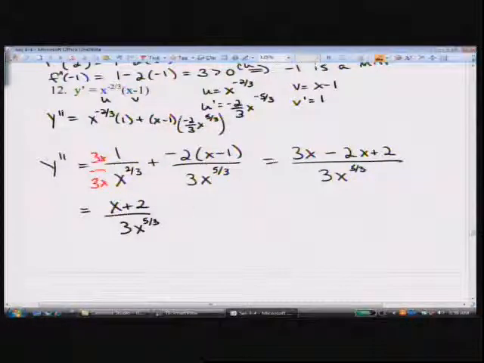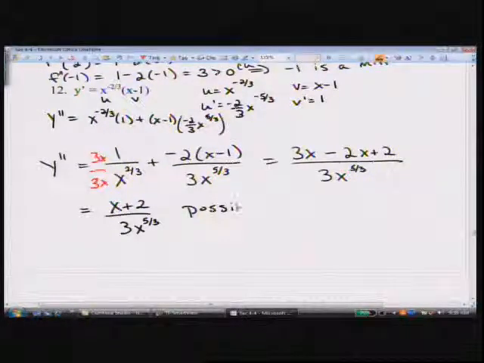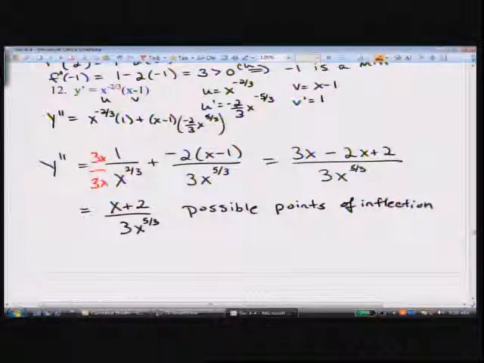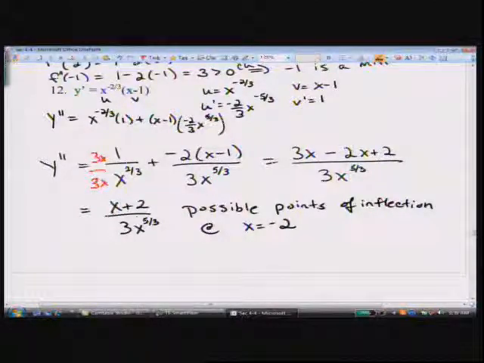So we have possible points of inflection where? At, excellent, x equals negative 2 because that makes the numerator 0, and 0 because that's where the second derivative is undefined. So you have to check that as well.